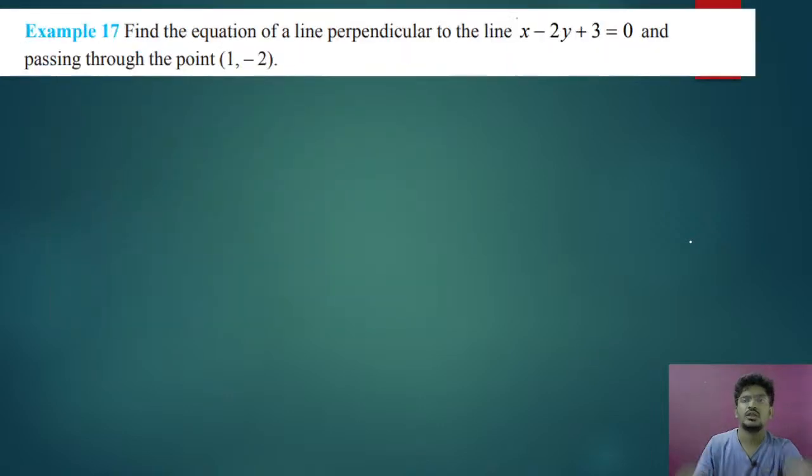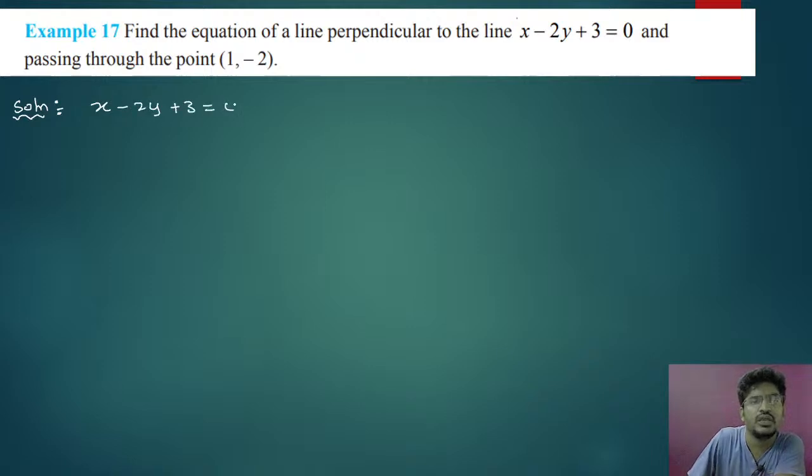Clear? So the problem here is, find the equation of the line perpendicular to x minus 2y plus 3 equal to 0 and passing through the point 1 comma minus 2.